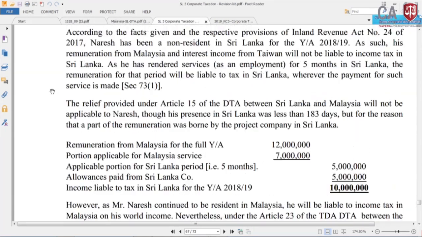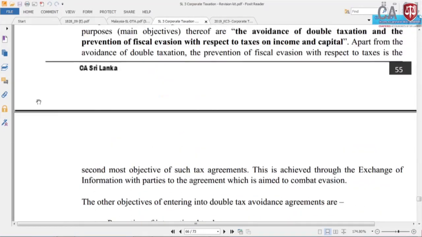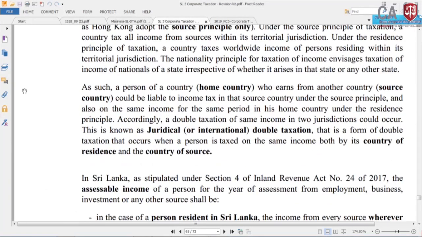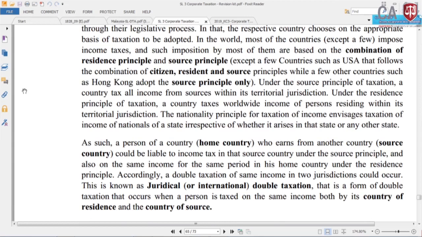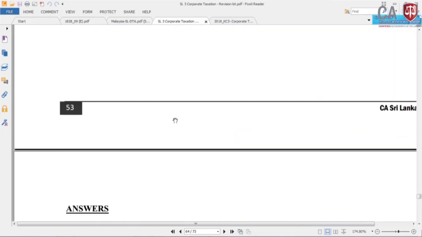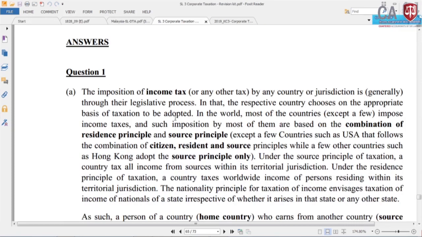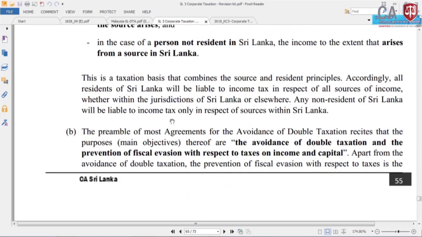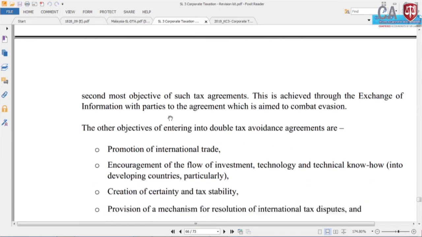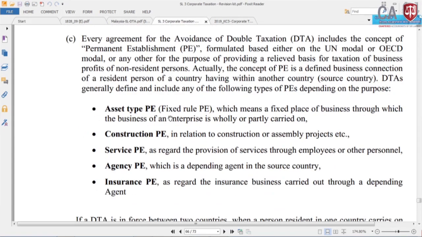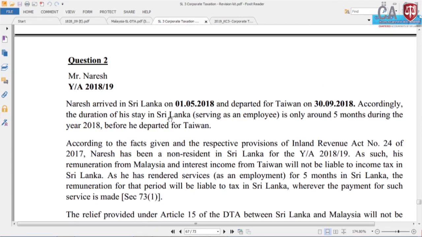Taking into account all three questions: the first question is with double taxation treaties, and the second question of the revision kit is more or less individual taxation, about the employee in Taiwan and Malaysia, if I am not mistaken.